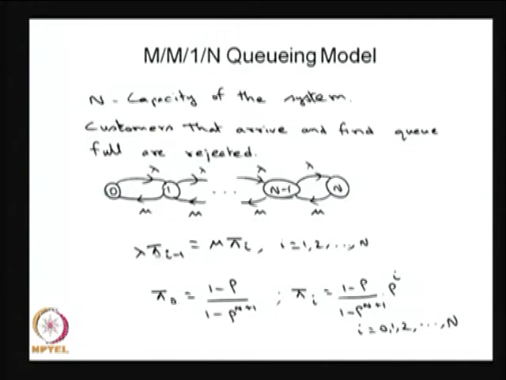Now we can use the summation of pi i is equal to 1, i starting from 0 to N. Therefore, you will get pi naught, and here the birth-death process has a finite state space. Therefore, pi naught will be 1 divided by the denominator series, that is a finite series with finite terms in it. Therefore, it always converges irrespective of the values of lambda and mu. Therefore, you will get pi naught without any restriction on lambda and mu.